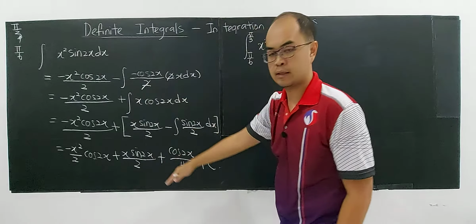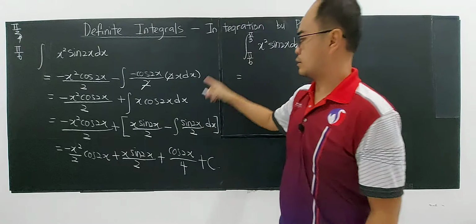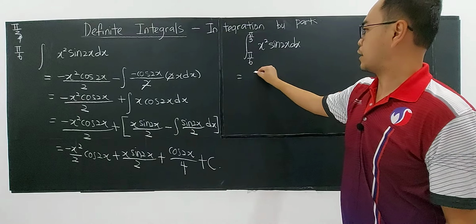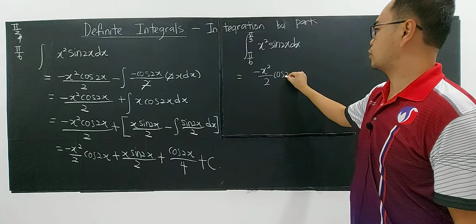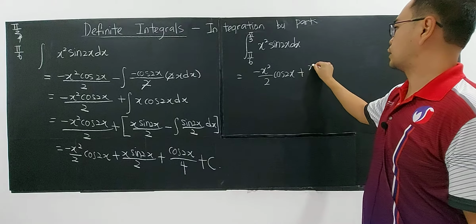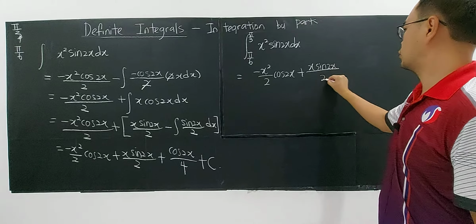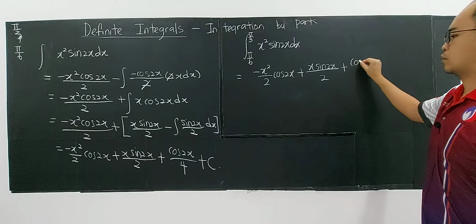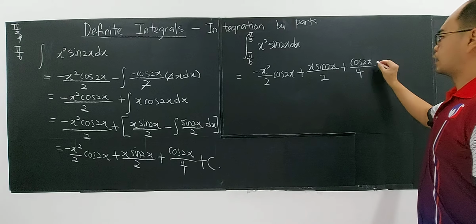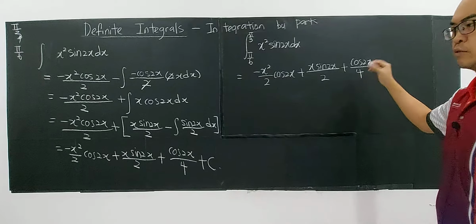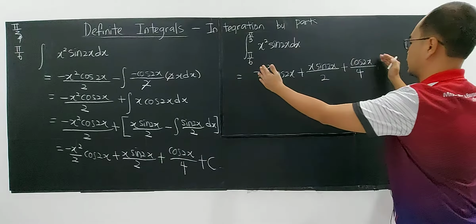Later we can use this answer: negative x squared over 2 cos 2x plus x sine 2x over 2 plus cos 2x over 4 plus c. We don't write plus c here because eventually the plus c will be gone when you subtract.